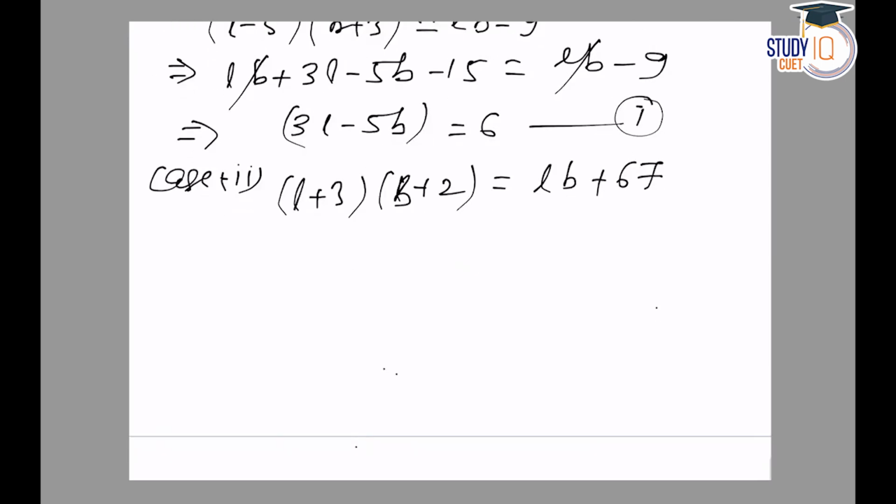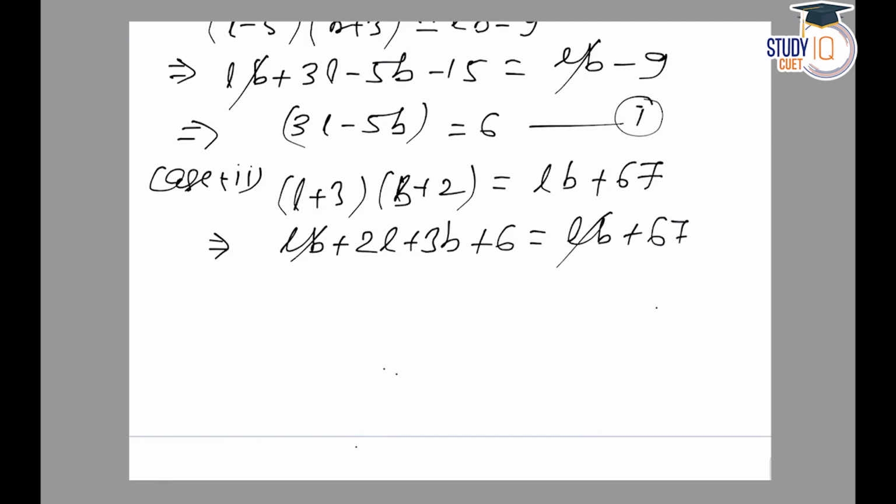So here we get LB plus 2L plus 3B plus 6 equals LB plus 67. LB cancelled. So we get 2L plus 3B equals 61. That is equation 2.